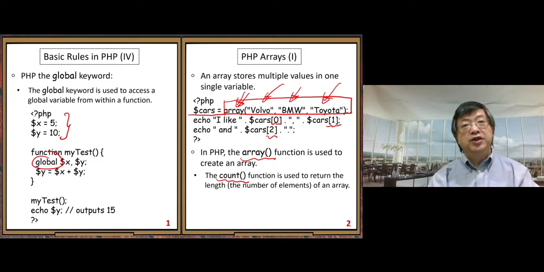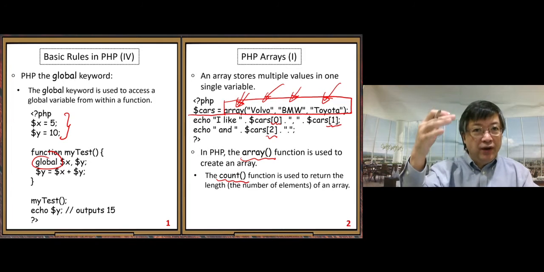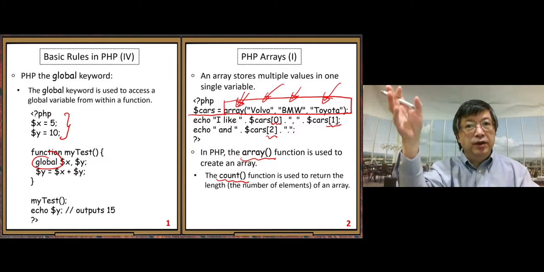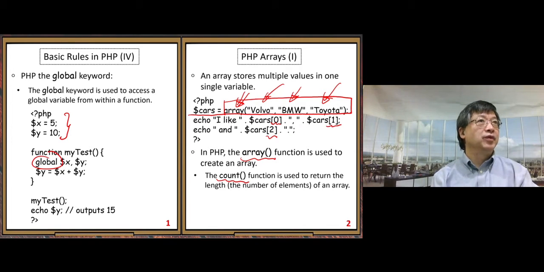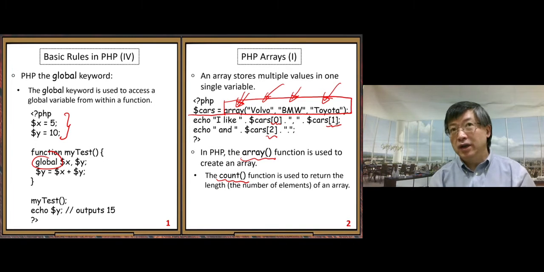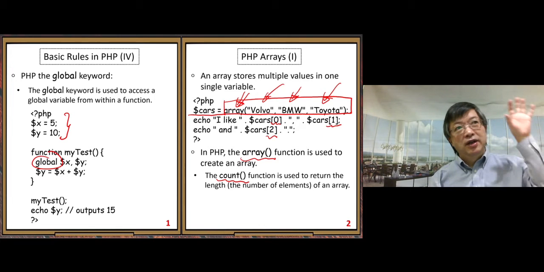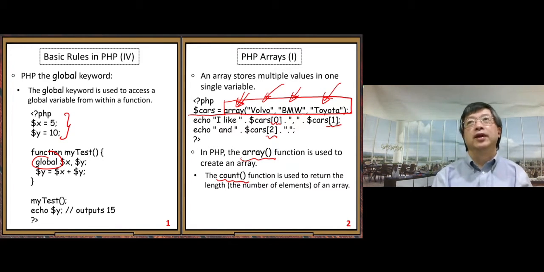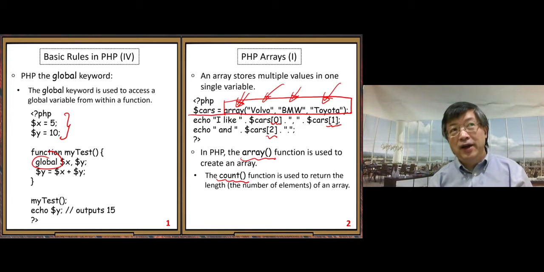The count function is used to return the length, the number of elements in that array. We need to use that function frequently. In PHP, the name of that function is count. Not length or size.